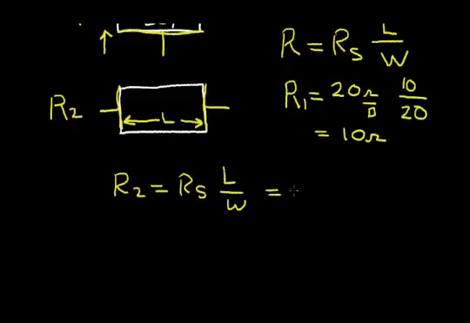So in this case we have 20 ohms per square times the length, which is 20 microns, divided by the width, which is 10 microns. So here I have two squares, and each square is worth 20 ohms of resistance. So R2 is 40 ohms.